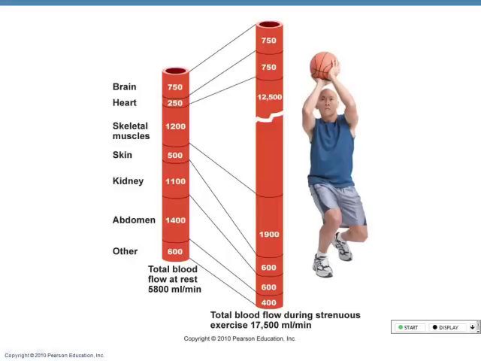Kidneys, a lot of blood there too, because I'm constantly filtering my blood volume. Skin. Yeah, there's a lot to feed. So 500. Skeletal muscle. A lot going on there. I need a lot of blood to the skeletal muscle. And what do I need a lot of?